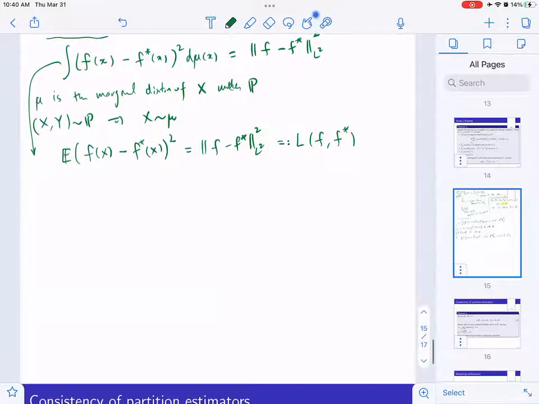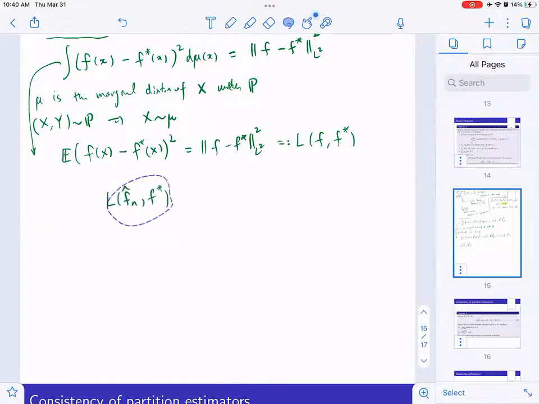Now, if I apply this to f hat n, this is a random function, my estimate dependent on the Dn. This is going to be a random quantity. And I can say, for example, that this converges to 0 in probability. That's valid because it's a random variable now. Or I can say the expectation goes to 0.